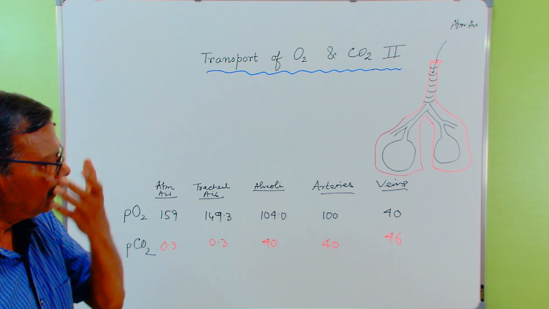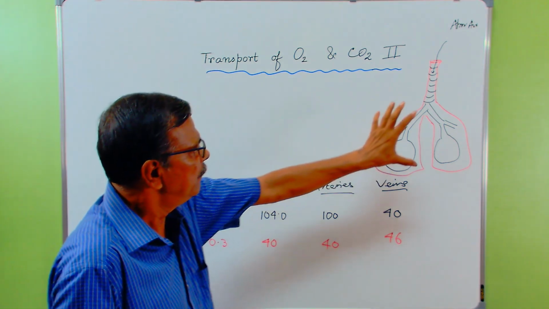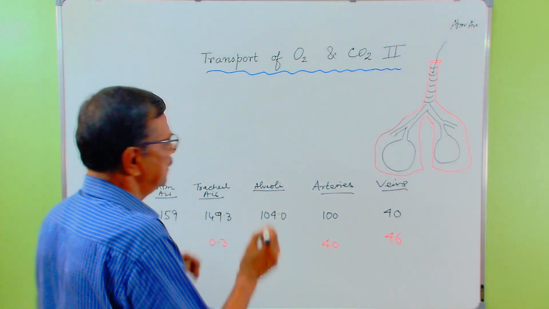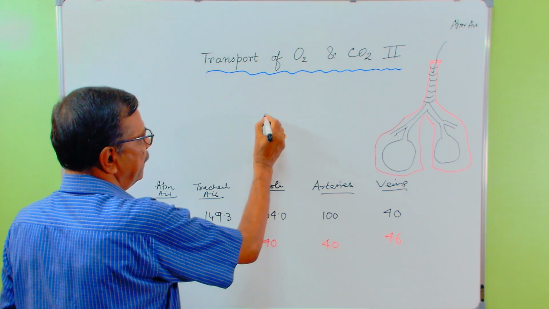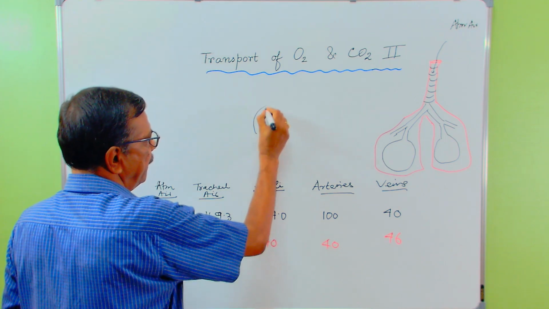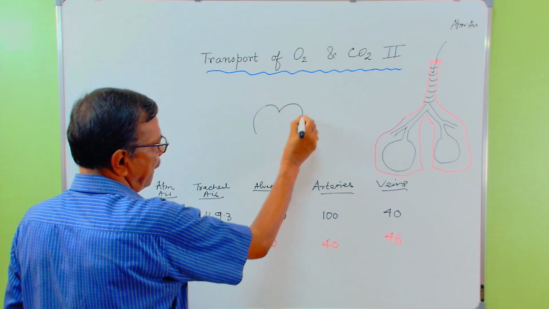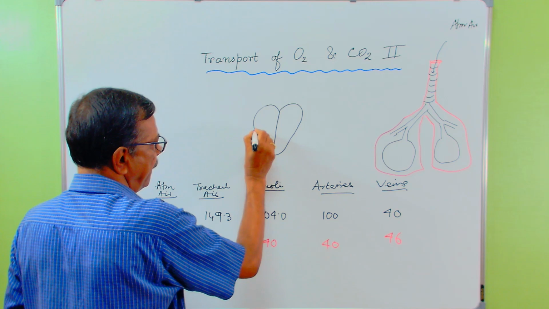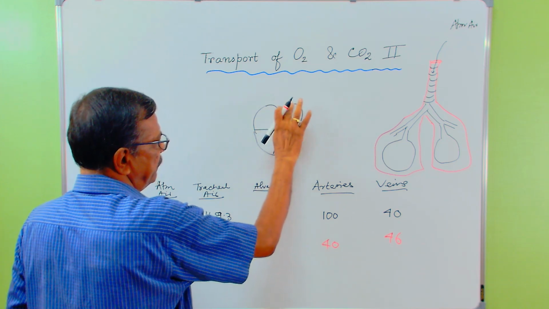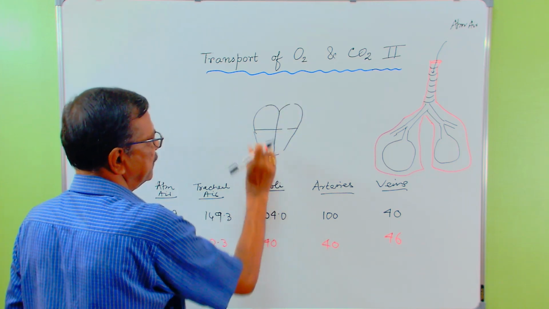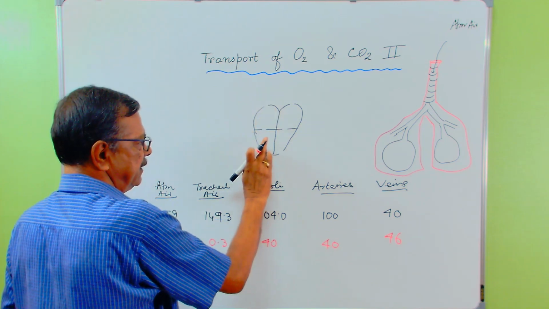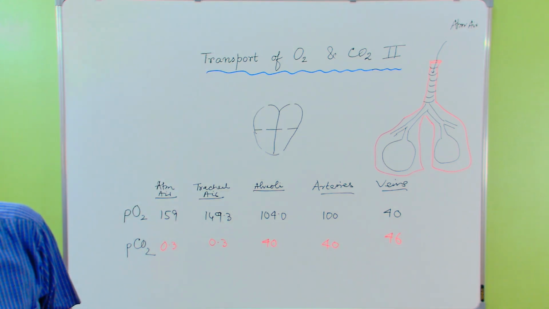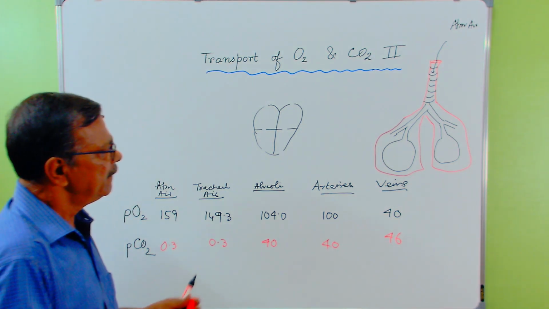Now, in order to understand this, first we have to draw the previous day's heart also. This is the left, left, left, right, right, right. So here the oxygenated blood comes.